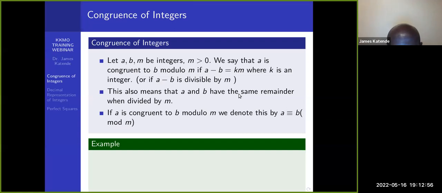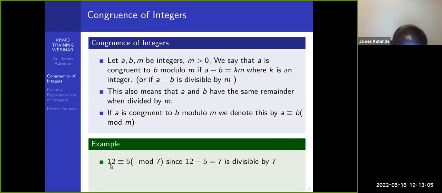So here are some examples to illustrate this. We can see that 12 is congruent to 5 modulo 7, because if you subtract 12 minus 5, you get 7, and 7 is divisible by 7. So 12 is definitely congruent to 5 modulo 7 based on our definition.